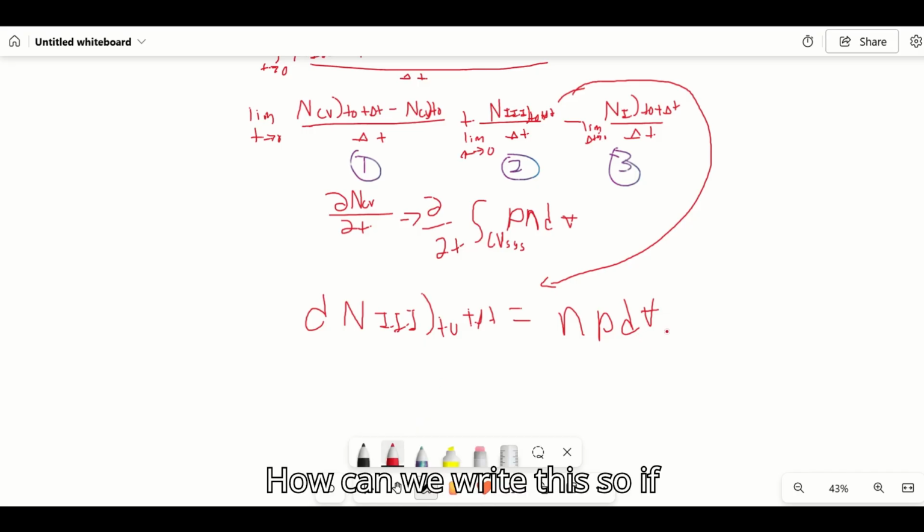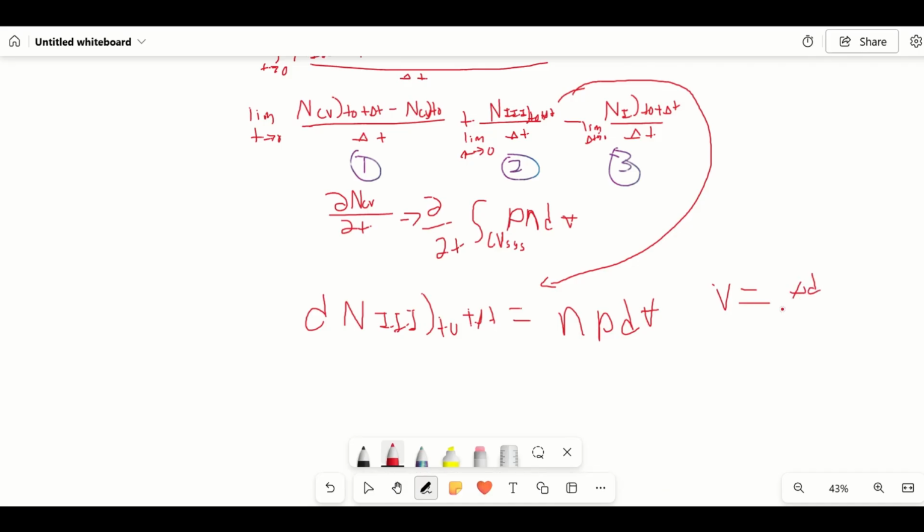If we have the velocity of our fluid, right? And velocity is distance over time, or we can model it as length over time, right? Equal to change in length over change in time.